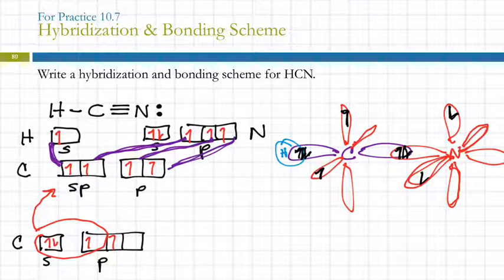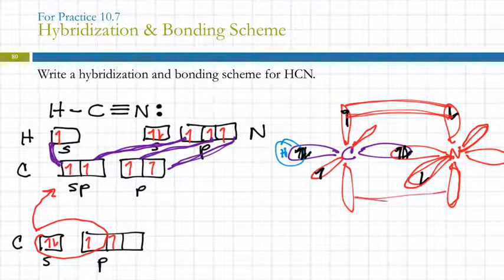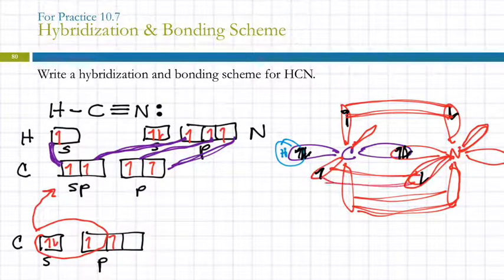There's 2 electrons there. And then we've got these unhybridized p orbitals. There's a half-filled one on the carbon and a half-filled one on the nitrogen. Those are going to overlap side to side. So that's 1 pi bond. And then this is another pi bond.